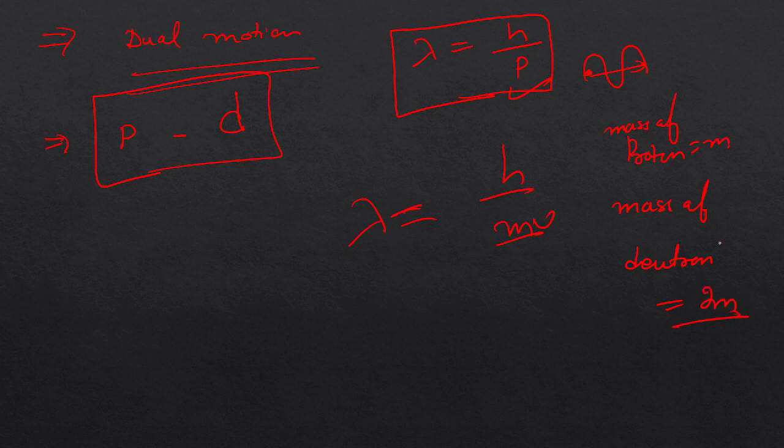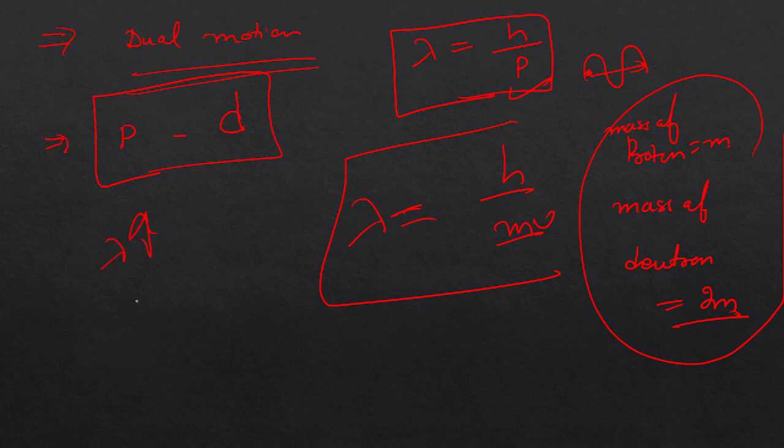So by knowing exactly the mass of proton and deuteron and by simply applying the de Broglie wave equation, you can see that the one which has the lesser mass will have the greater wavelength. It means that wavelength is inversely proportional to the mass.